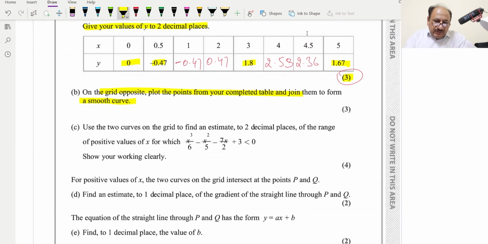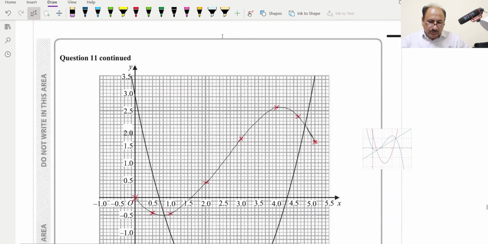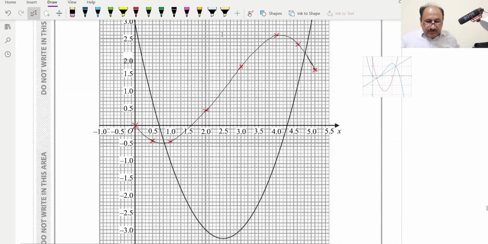Now the C part: use the two curves on the grid to find the estimate to two decimal places of the range of positive values of x for which this value is greater than 0. Show your working clearly. So we will check the points of intersection of these two curves.